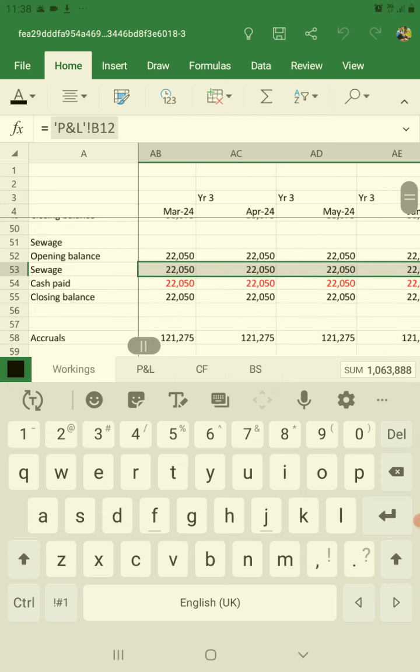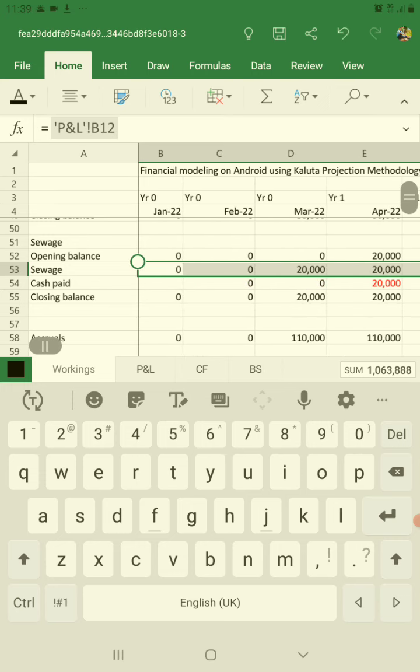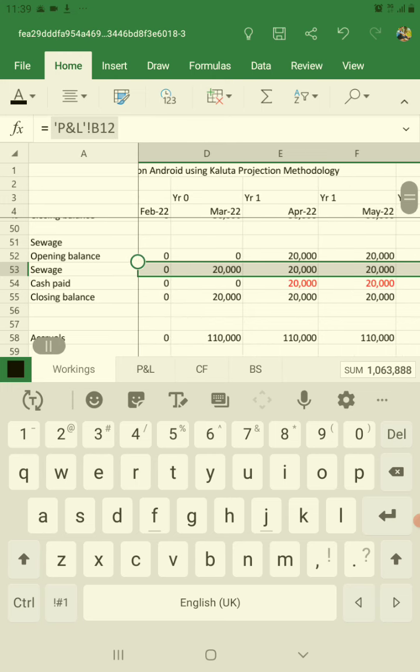Okay, so after doing that, the rest of computations will be okay, because the rest of the cells here are populated by formulas, and it has taken into consideration the sewage situation.